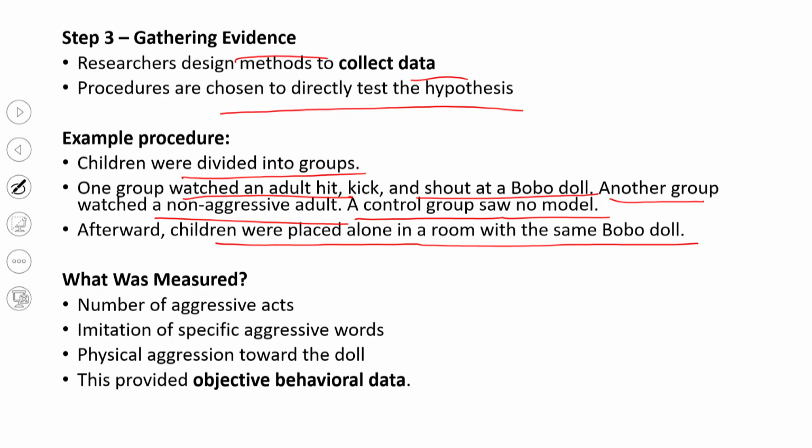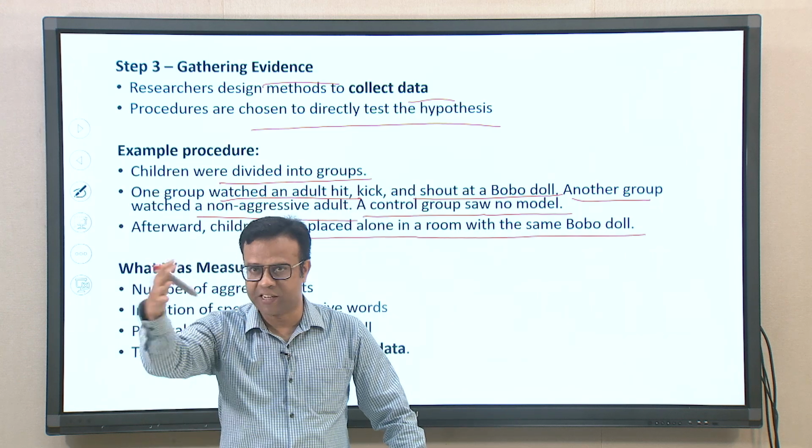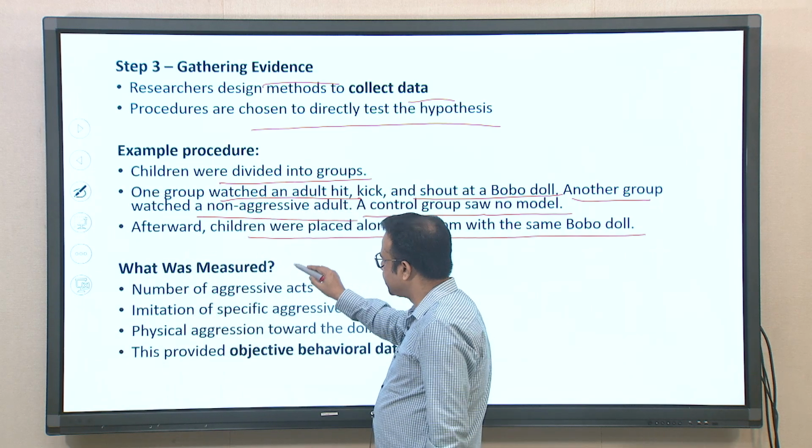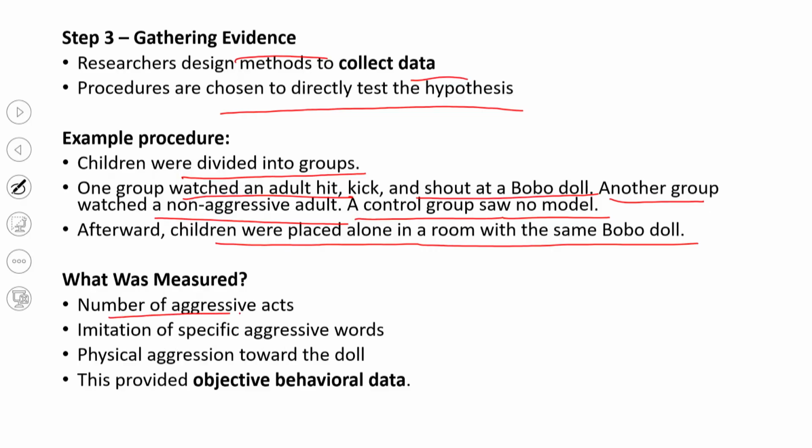After that, the children who observed these different clips were put alone with the same doll in a different room, and the researchers looked at how these children behaved, because they had seen certain models behaving in certain ways. What was measured here? The number of aggressive acts done by those children, imitation of specific aggressive words and behaviors, and physical aggression towards the doll. This provided objective behavioral data.